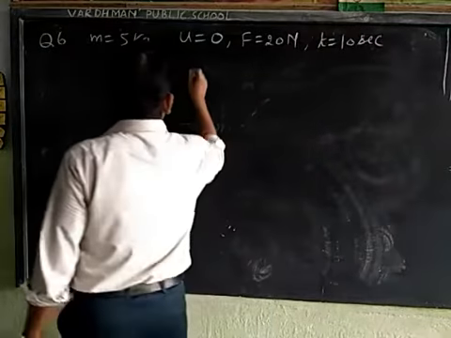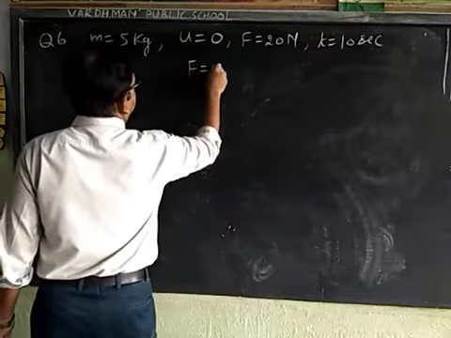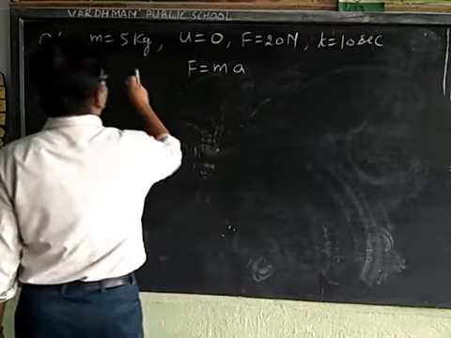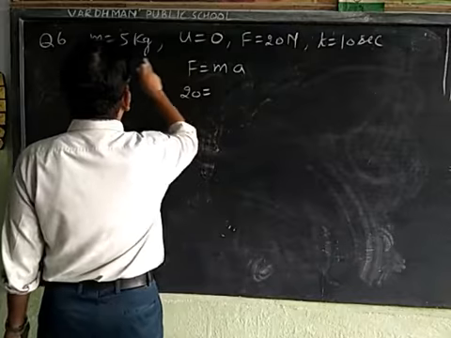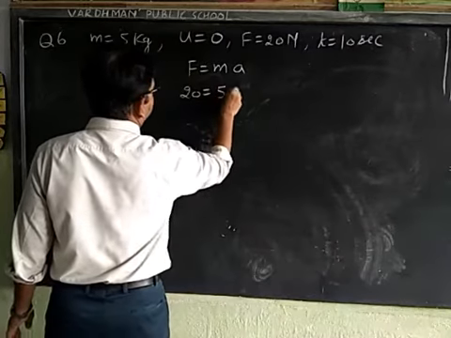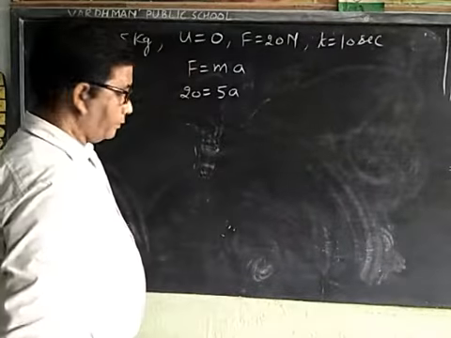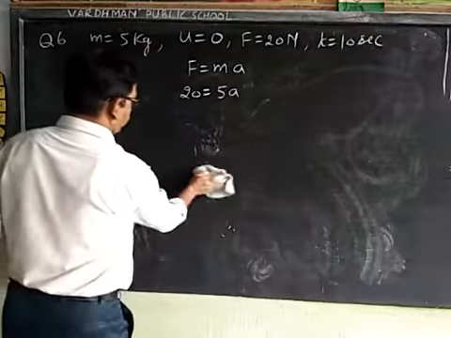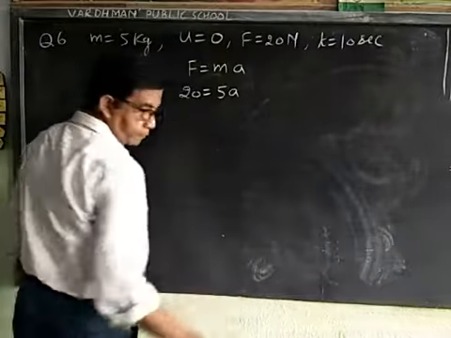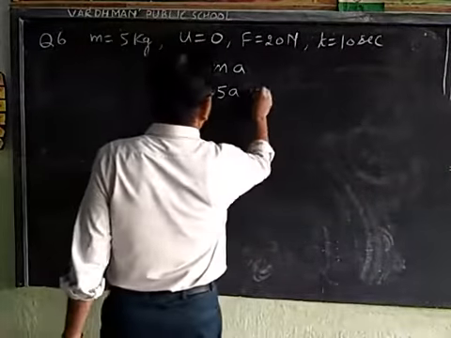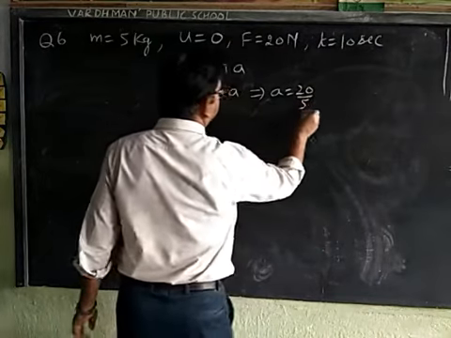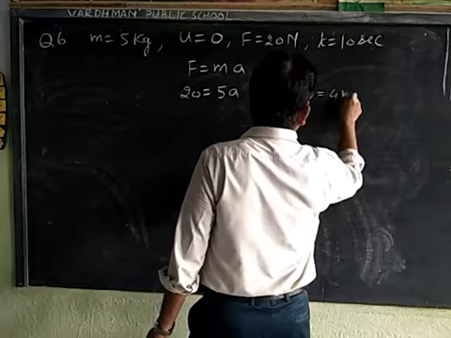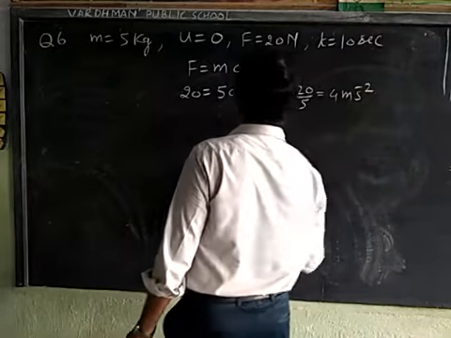Now we know F is equal to ma. Force 20 Newton, m 5 kilogram, therefore a is equal to 20 upon 5, that is 4 meter per second square.